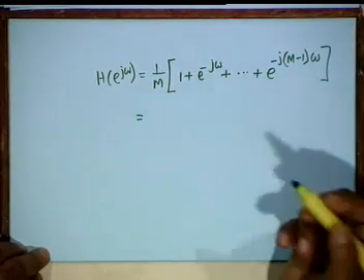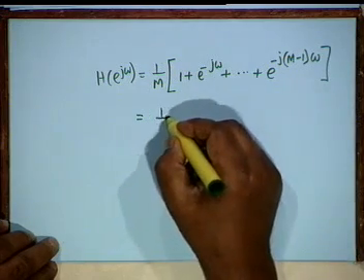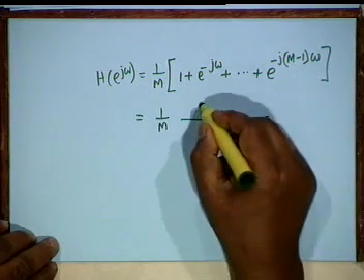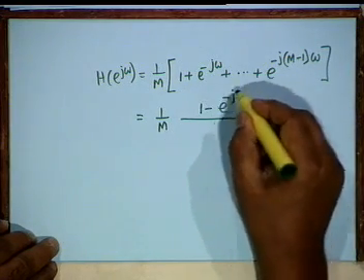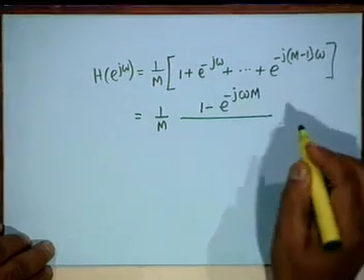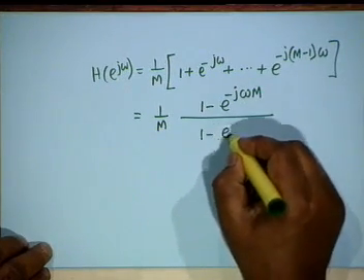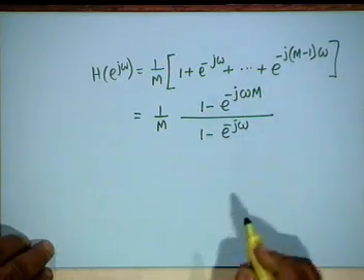And since this is a geometric series, we can sum it up: 1 over M, 1 minus e to the minus j omega M divided by 1 minus e to the minus j omega.